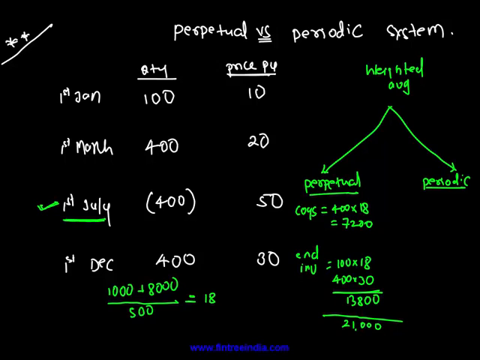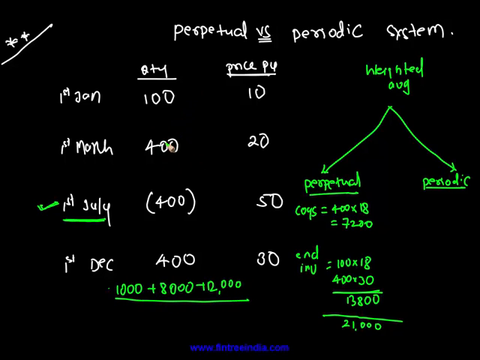So assuming you've understood this, let us find out how to do accounting for the periodic system. I'll give you time to write. Observe, if you miss this, it is going to be difficult to pick up later on. In the periodic system, the accountant is booking entries at the end of the year. So we will look at what is the total purchases made for the year, which would be 1,000 plus 8,000 plus 12,000, which is 21,000.